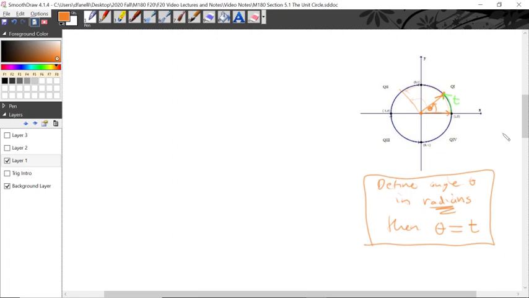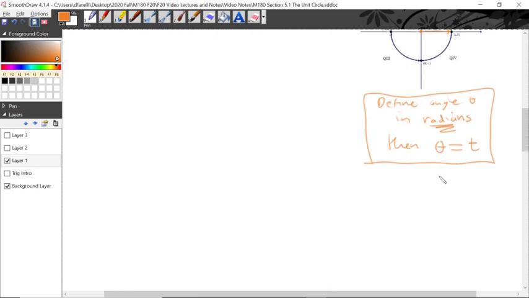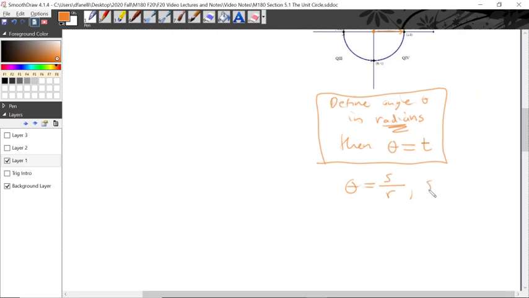Technically, it's defined that theta is equal to the ratio between the arc length s and the radius r, where s is the circular arc length of any circle.